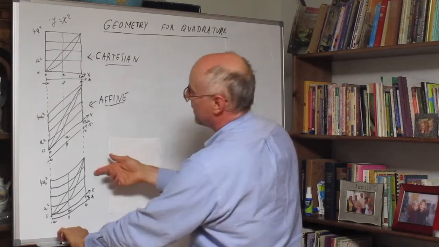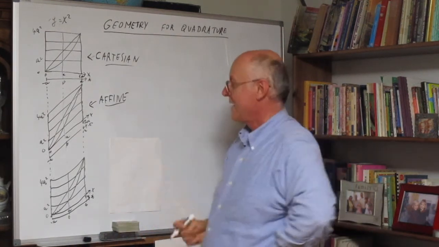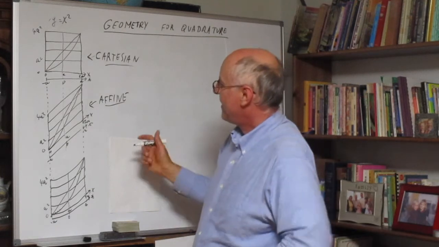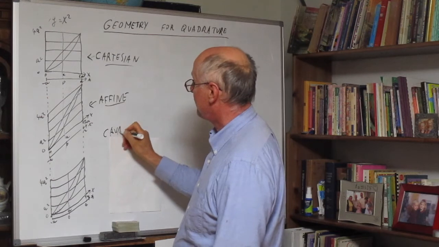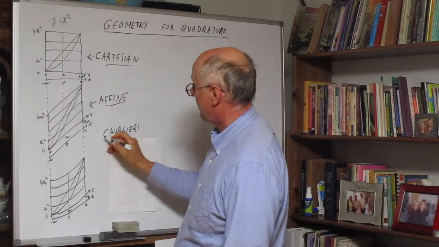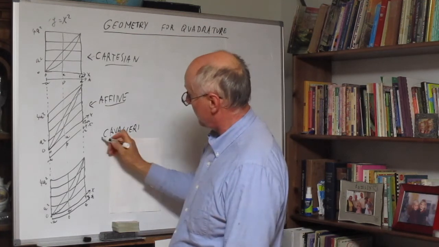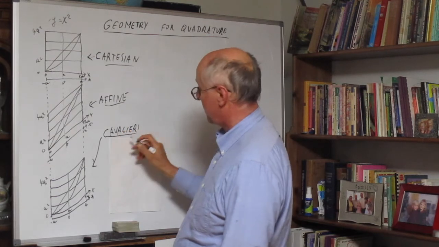What would I call this? Does this thing have a name? What name shall we call this? Kind of Cavalieri, right? Cavalieri. Did I spell it right? I don't know. But anyway, that's Cavalieri right there.